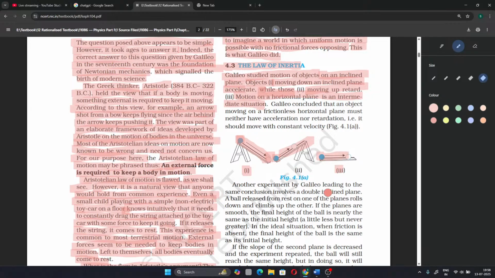It is not completely accelerating, it is not completely decelerating, it is in the medium. It is slowly decelerating. Galileo concluded that an object moving on a frictionless horizontal plane must neither have acceleration nor deceleration, that it should move with constant velocity.